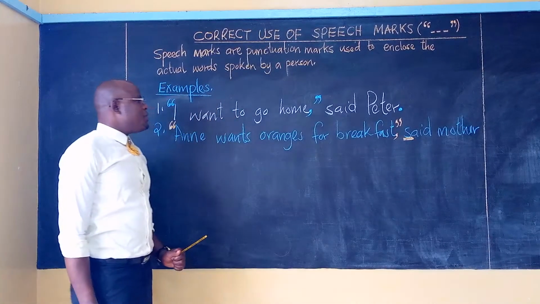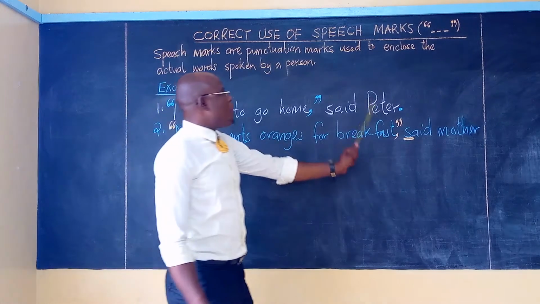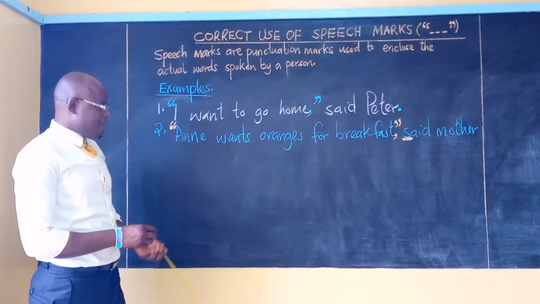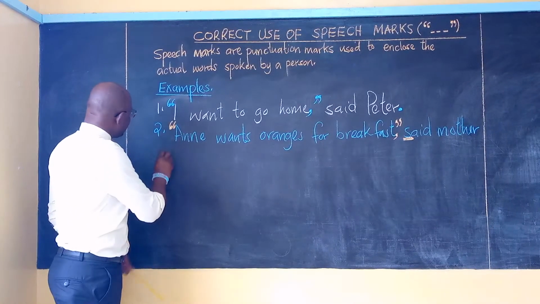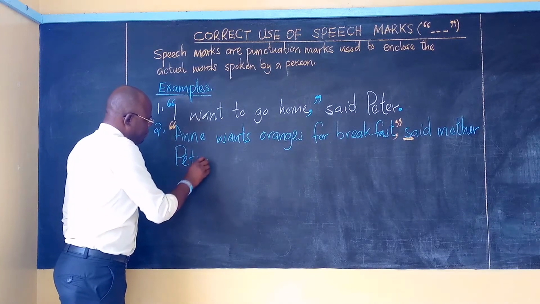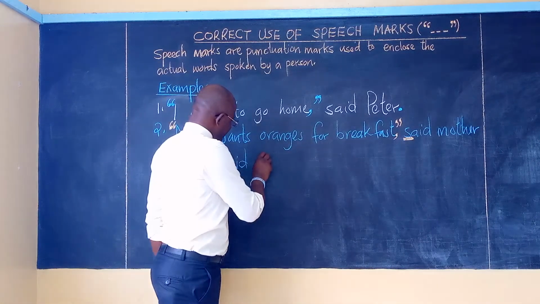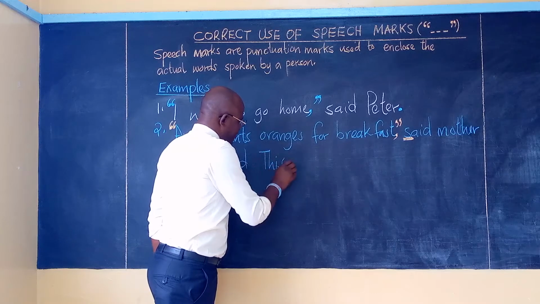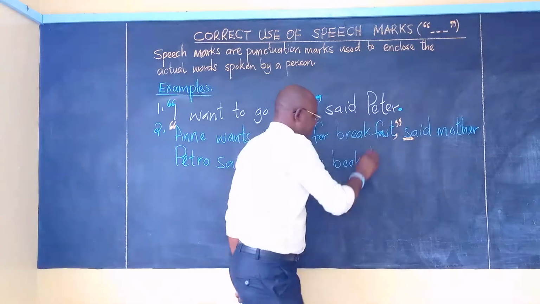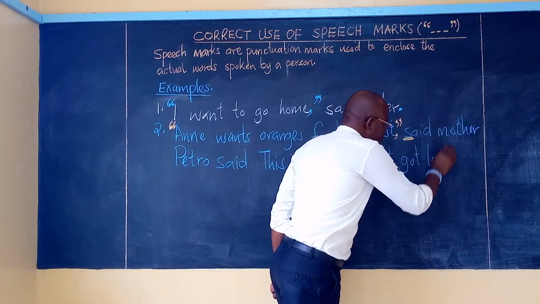Now, I want to take you to another segment where the speaker or whoever said the words comes first. For instance, we can say, Peter said, this is my book that got lost.